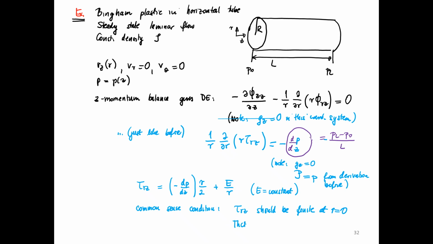Therefore, E is 0. So technically, my tau RZ looks the same as for Newtonian fluid.